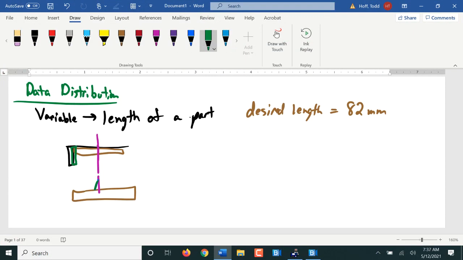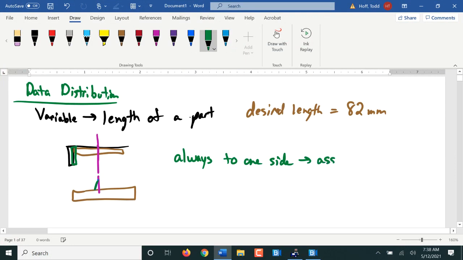If that's the case, if it's always to one side, that's what we call assignable cause. And by assignable cause, I mean it's a predictable difference from what we want it to be, or predictable variation from what we want it to be, which means we can find the cause of it and we can fix the cause of it.